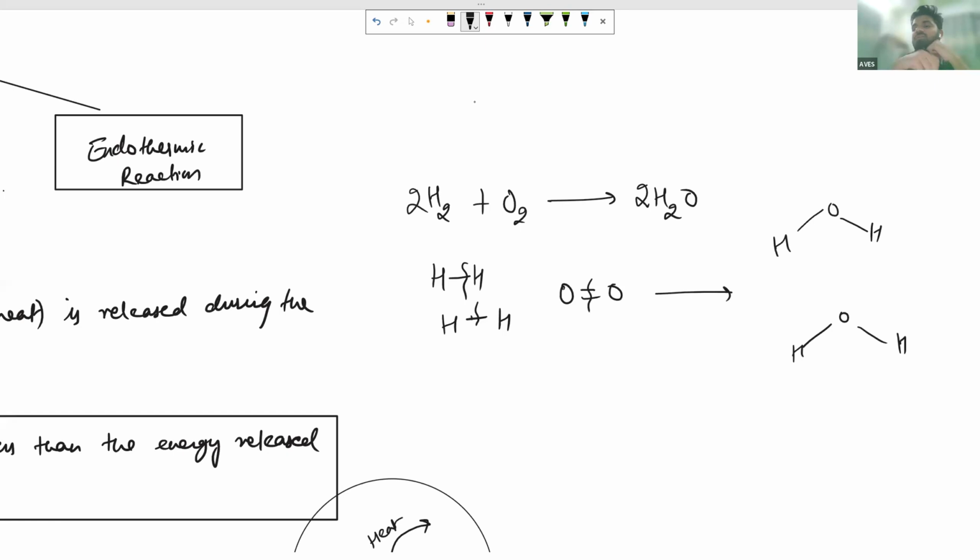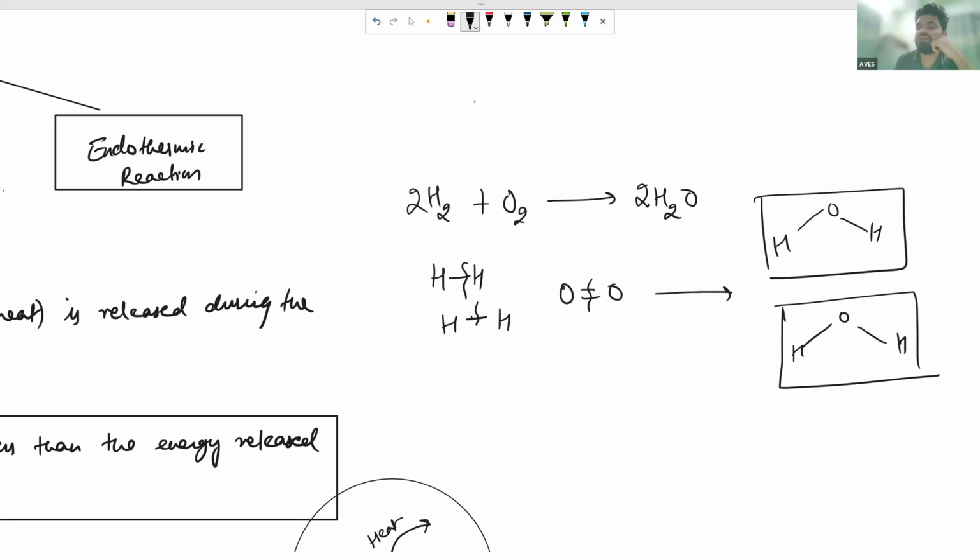This is the water molecule. Now here you need to concentrate on one thing: since this is the water molecule, the new bonds are formed, and here older bonds are broken.